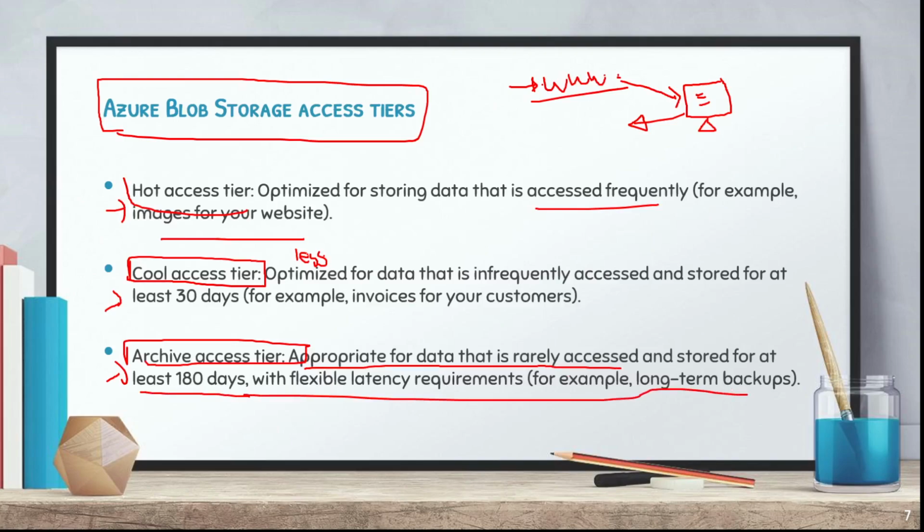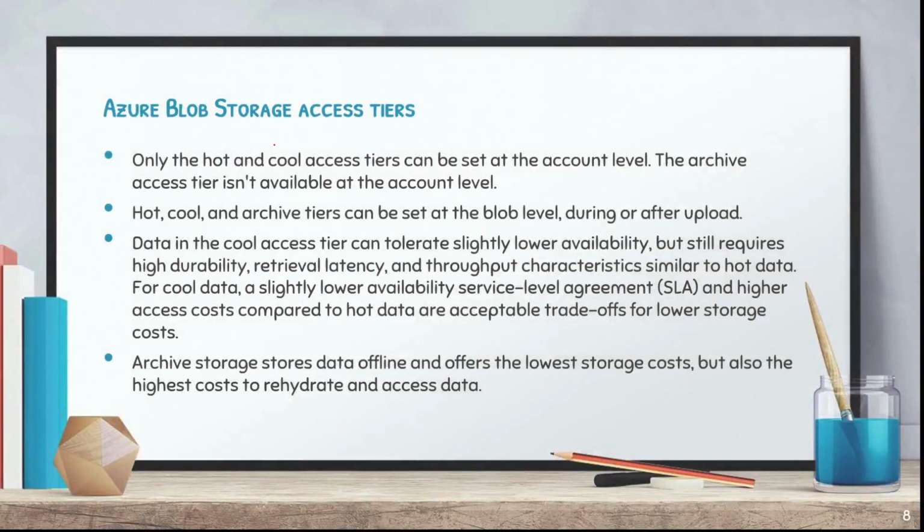Now let's see more about the Azure Blob Storage Access Tiers. I was telling you that there is a catch. Only the hot and cool access tiers can be set at the account level.